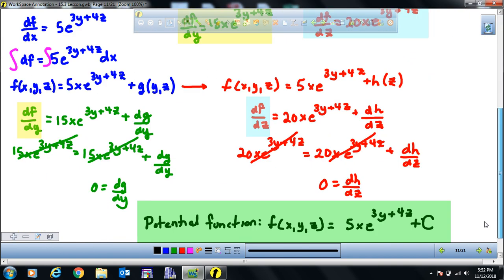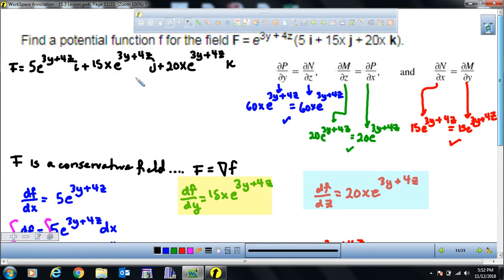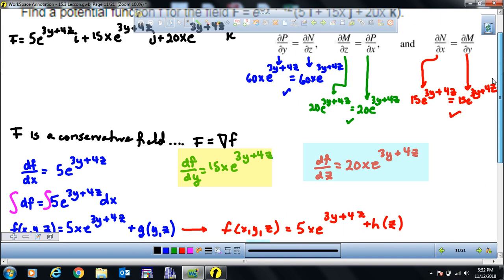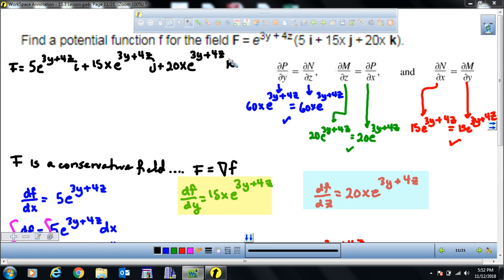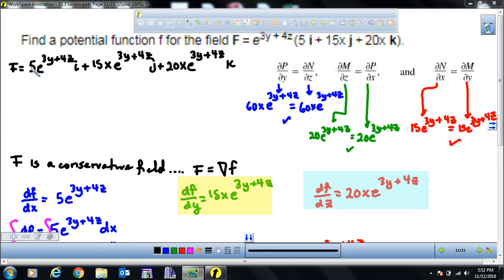If we get the derivative with respect to y, it would be 3 times 5x, which is 15x, times e raised to the 3y plus 4z, which is the j component. If we get the derivative with respect to z, it would be 4 times 5x, which is 20x, times e raised to the 3y plus 4z, k. And you see that that potential function that we obtained gives us this gradient field.